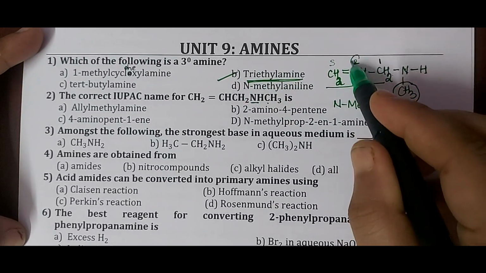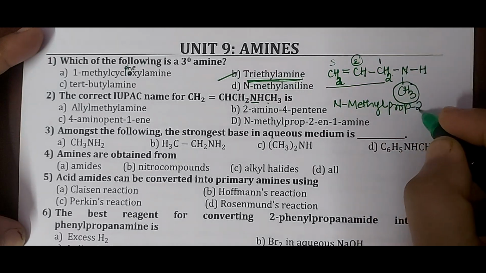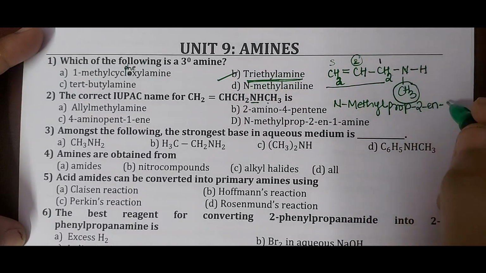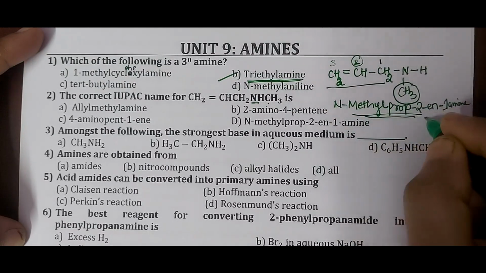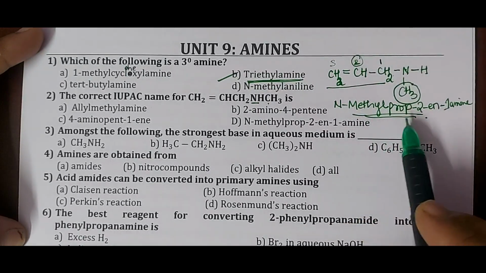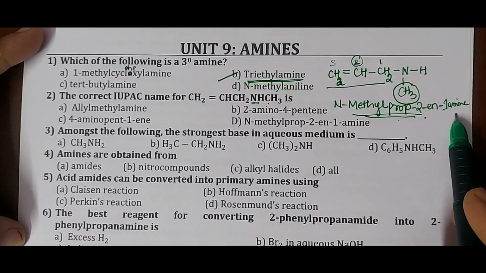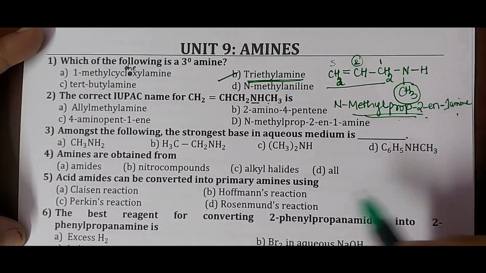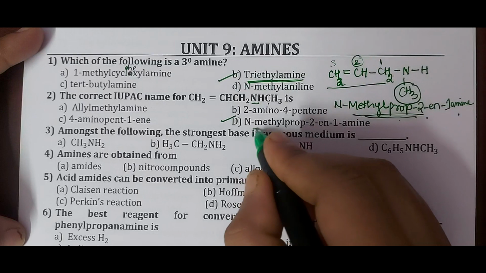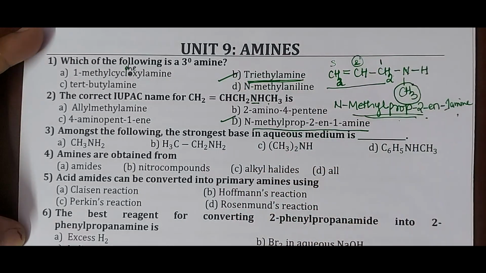Your double bond is on the second carbon atom, so prop-2-en, and on the first you have the amine group, so 1-amine. So the correct IUPAC name here is N-methylprop-2-en-1-amine, and hence the correct option is option D.